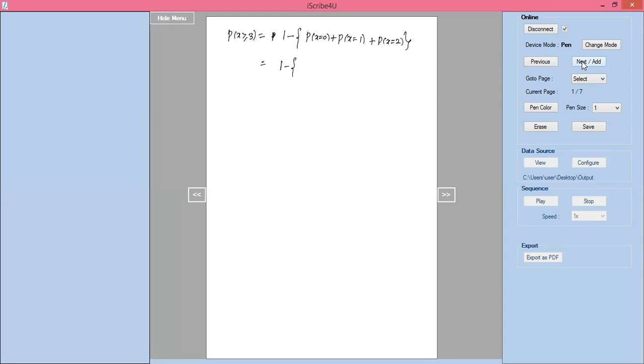Putting into this formula, P of 0 is 20C0 into 0.1 power 0 into 0.9 power 20, plus 20C1 into 0.1 power 1 into 0.9 power 19, plus the next one, 20C2 into 0.1 squared into 0.9 power 18.